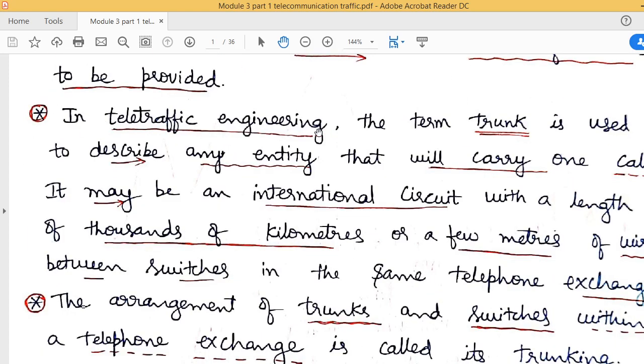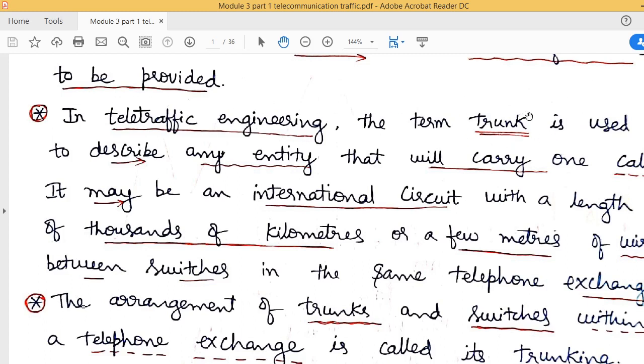So in telecommunication engineering, we have to define many terms like line, trunk, and many other terms. If I am dealing with a line, it is the connection between the subscriber and the exchange. So whatever line goes from the telephone exchange to the end user, that is the subscriber, we call it a line.